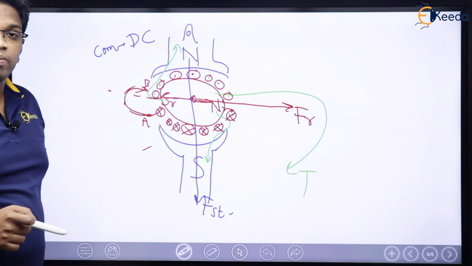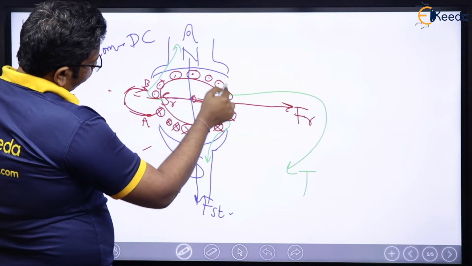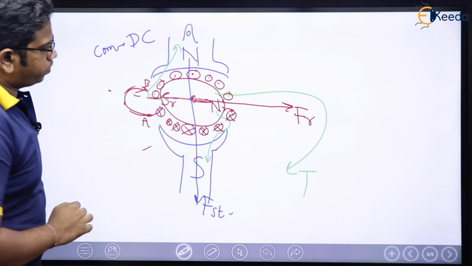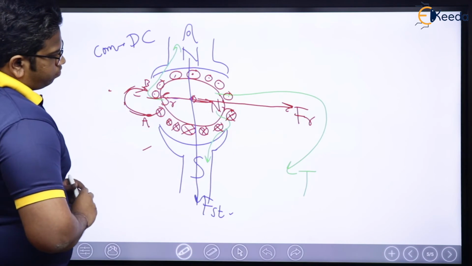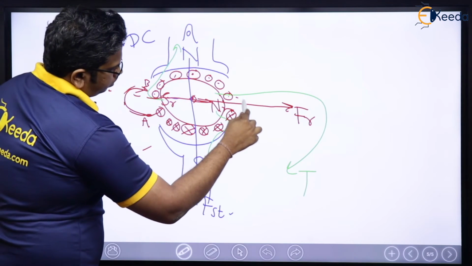And then again, cross will come here, and these dots will get shifted here. How? Because here also the same thing will happen. The moment this rotor rotates like this, this conductor will come here.